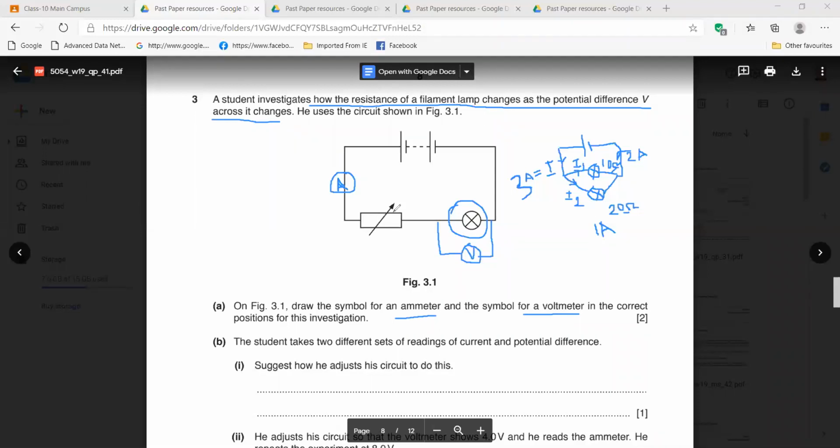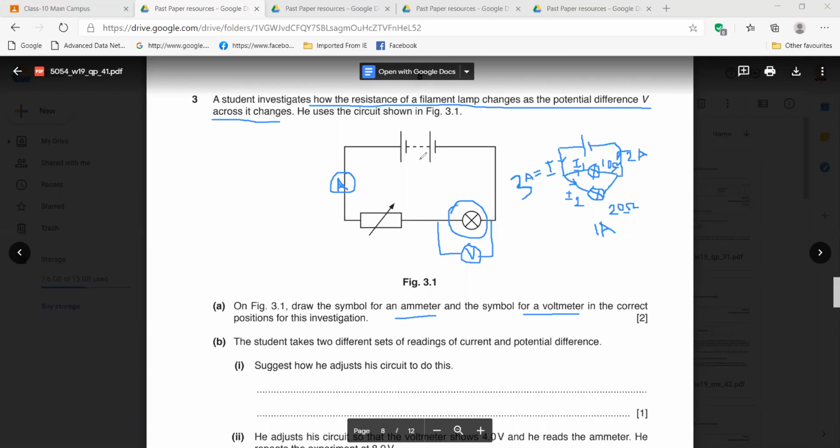Now look, we can also change the variable resistor, right? By using this variable resistor we can vary the resistance. The question says the student takes 2 different sets of readings of current and potential difference; suggest how he adjusts his circuit to do this.